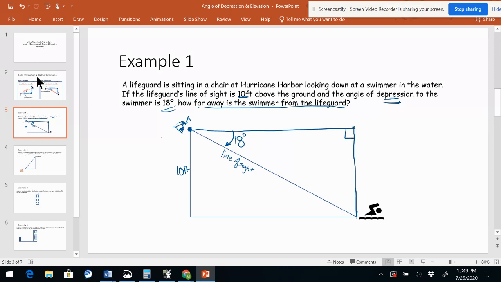I want to know how far I am from the swimmer, from B over to A. That distance we can label as X. And I know I have my right triangle here. I am also given my 10 feet, which is the same as 10 feet over here. So now I have a right triangle. I'm going to pull that out so we can see it a little easier.